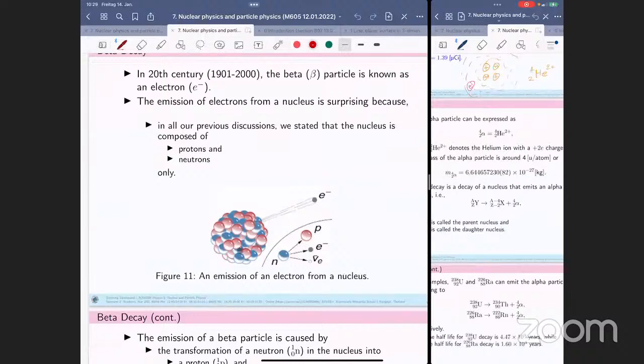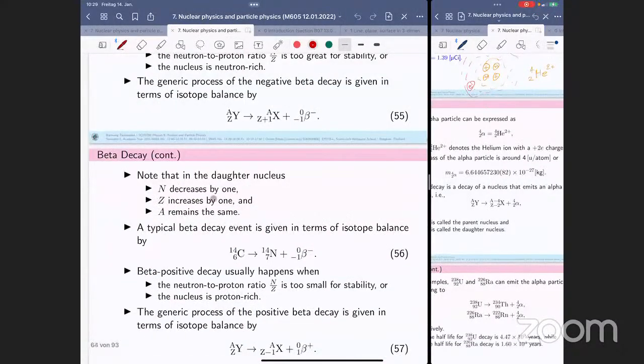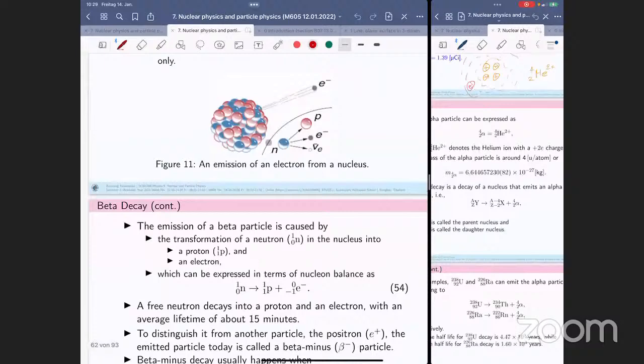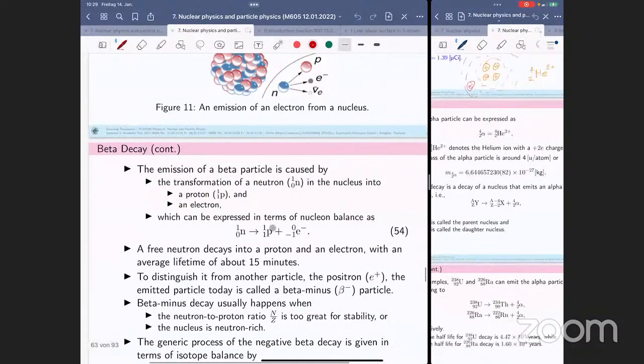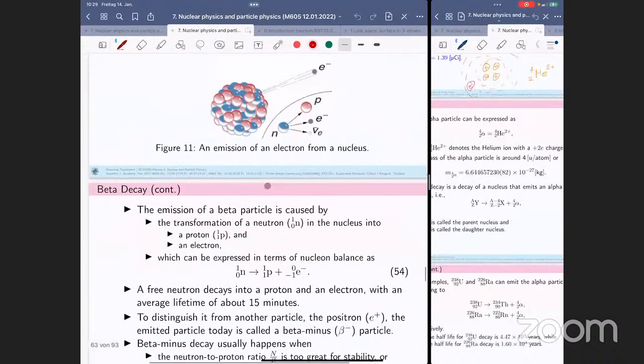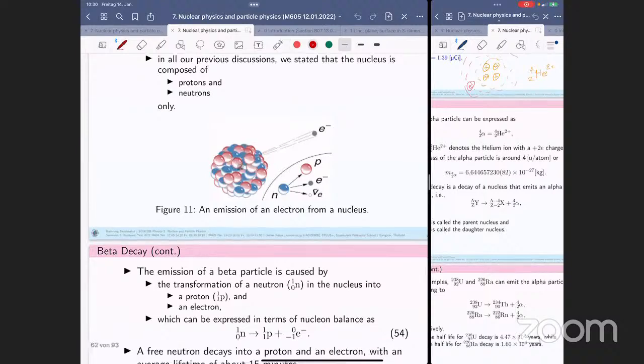There is no longer that one neutron in the nucleus. Z increases by 1 because we got an additional proton inside the nucleus, so Z is going to increase by 1. And A remains the same, because the blue one has changed itself to the red one. The number of particles in this piece will still remain the same.